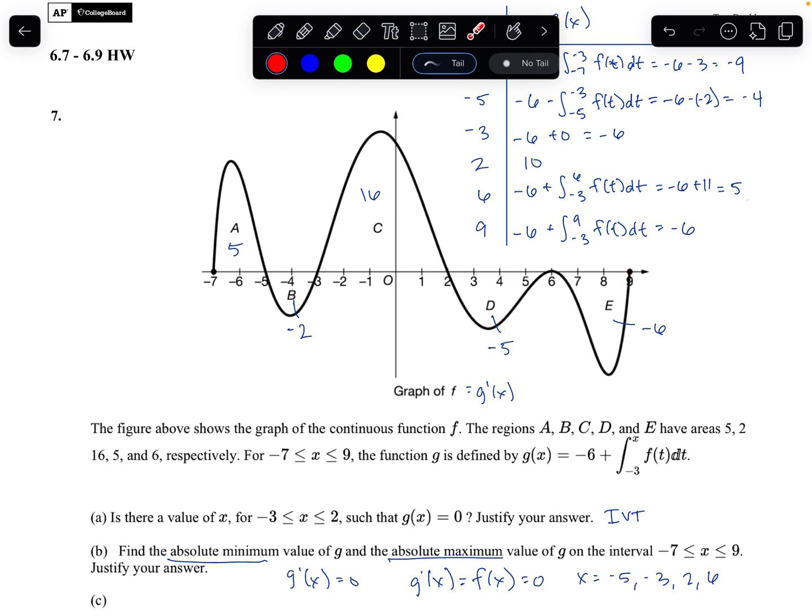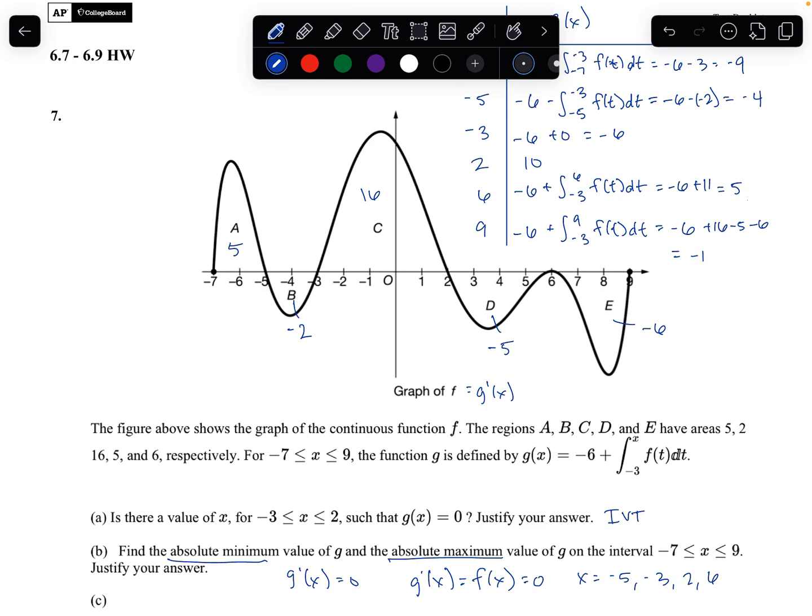Checking my work for the previous one. Yeah, okay, so -6 plus 16 minus 5 minus 6. And so that's going to come out to be equal to -1, because 16 minus 5 is going to be 11. Yeah, okay, so -1.